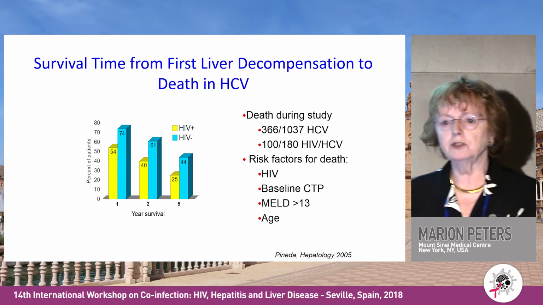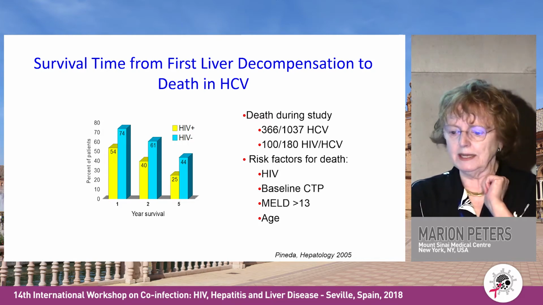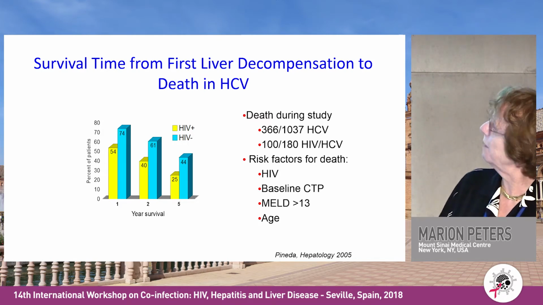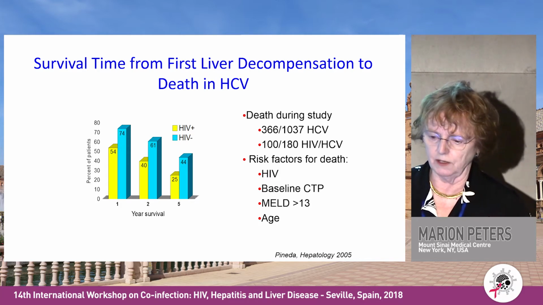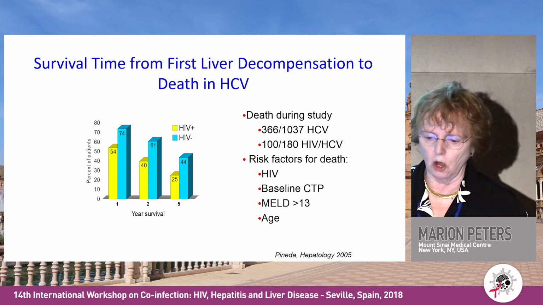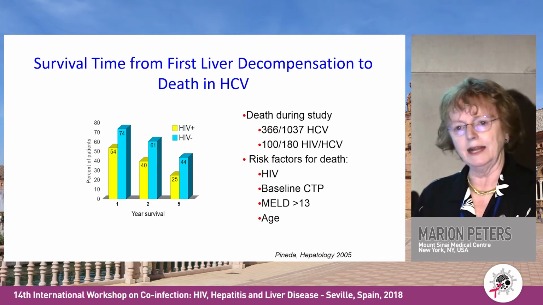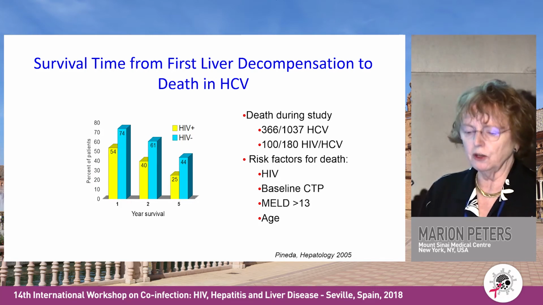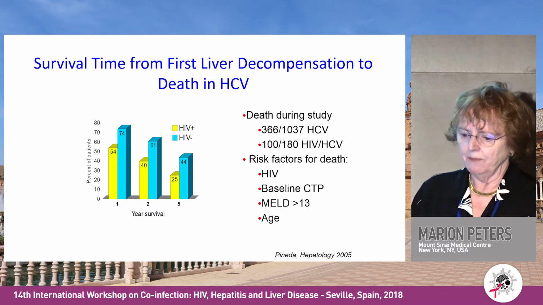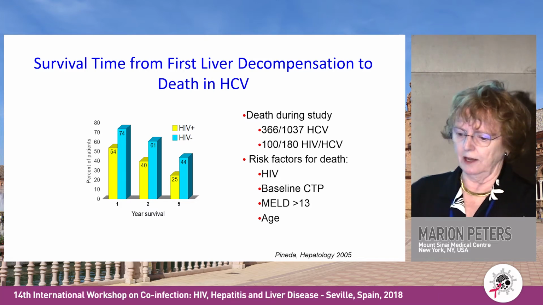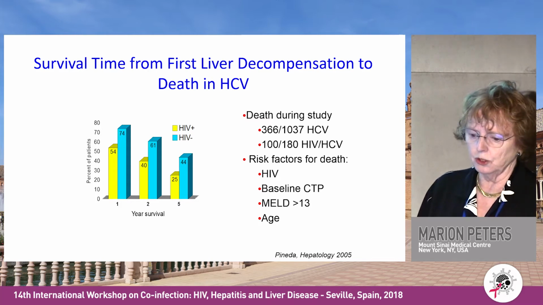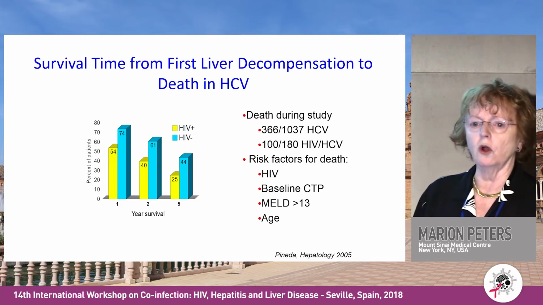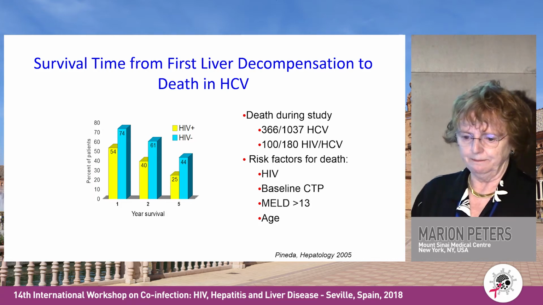The survival time from the first decompensation to death in hepatitis C, you can see in the HIV positive in yellow, they have a much lower survival compared to HIV negative co-infected patients, with increasing risk of death having HIV, baseline Child-Pugh score, the baseline MELD score, and being older.